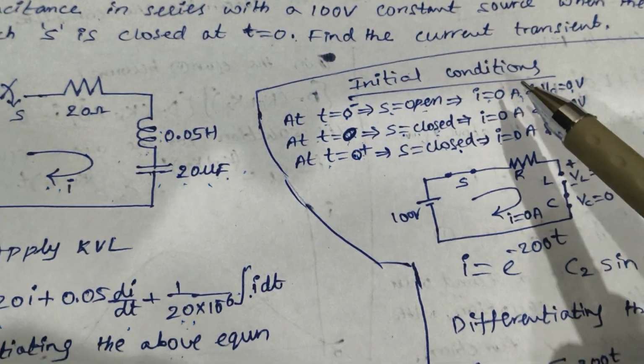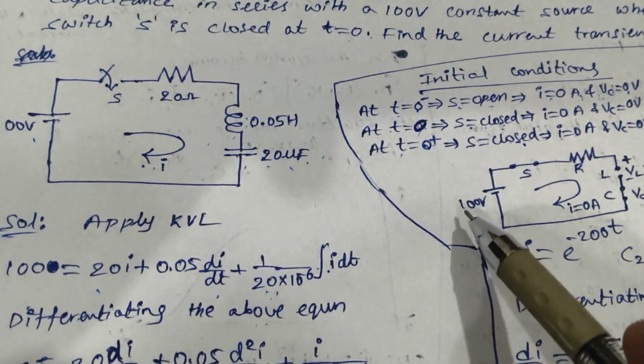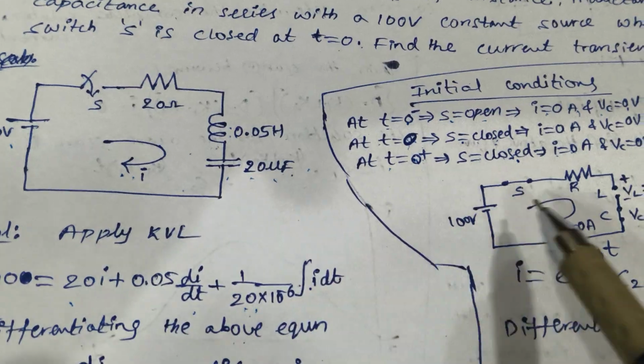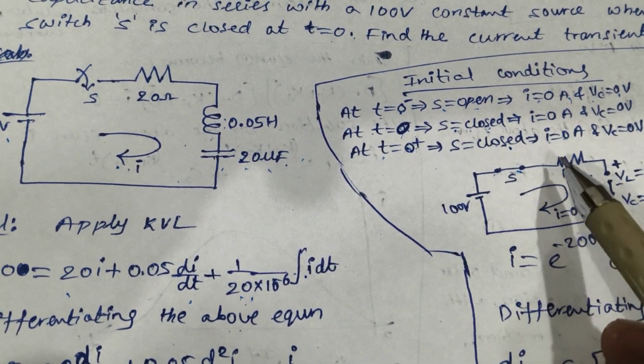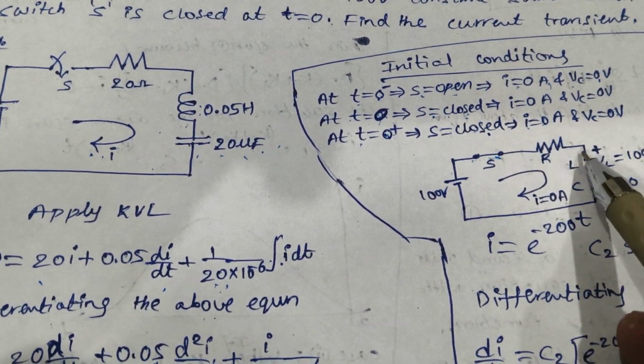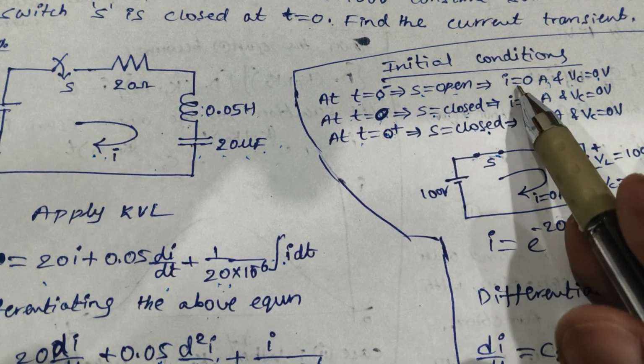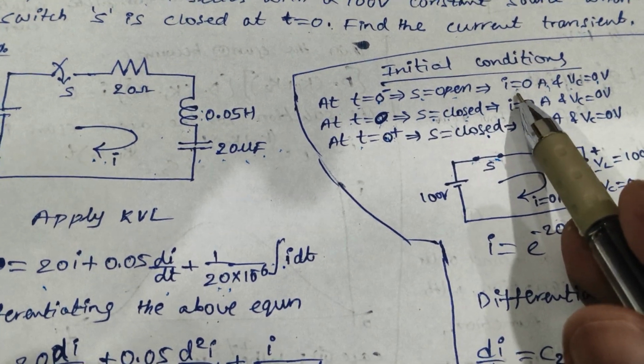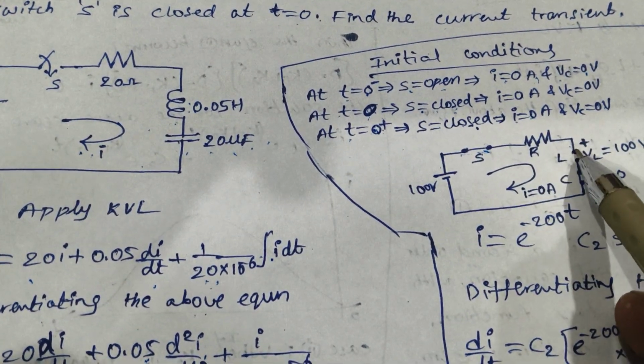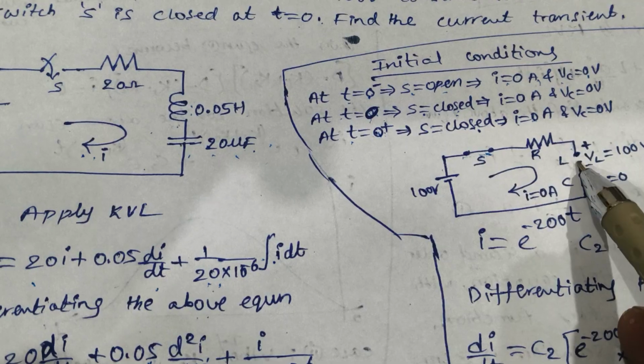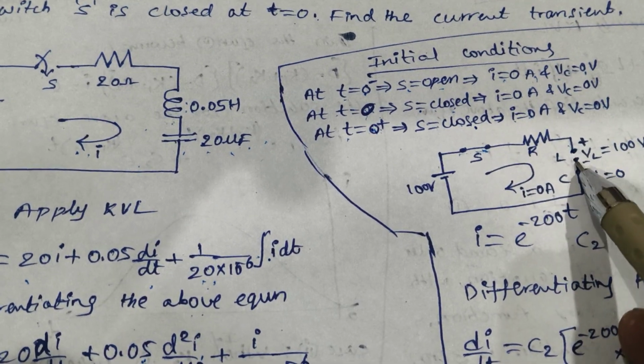Based on these initial conditions, if you draw the same circuit diagram with the switch closed, what will happen? The inductor current is 0, I is equal to IL. Inductor current 0 means it is an open circuit.